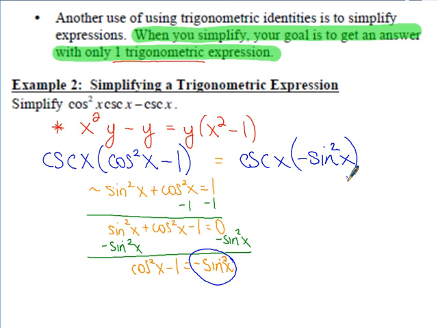So this becomes 1 over the sine of x, that's where your cosecant is, and then negative sine squared x over 1. You cancel the sine x on the bottom left with one of them on the top right, and you just get negative sine of x. And that is your solution.